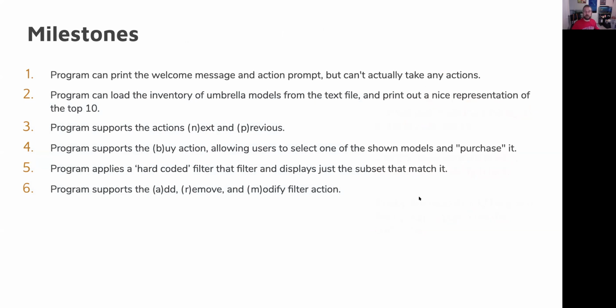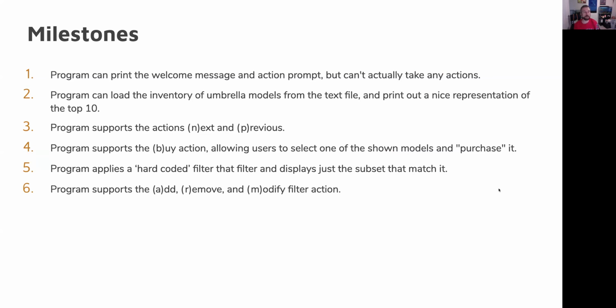So these milestones are ways to make sure that you are doing what you need to in the order that you need to. So the first milestone is actually pretty straightforward, where you are making sure that the program is printing the welcome message and the prompt to take action, but it can't actually take any actions yet.